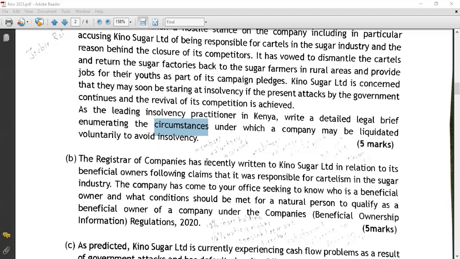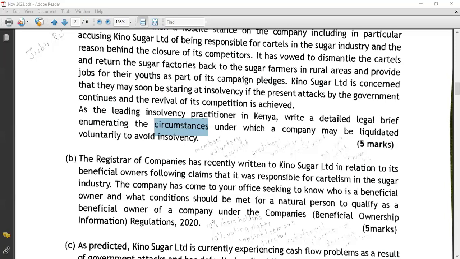To answer this question, you can talk about 393(1). First, where the period, if any, fixed for the duration of the company by the articles expires.